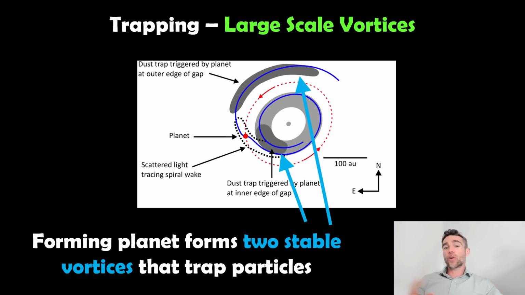You've got these spiral density waves, which are the blue lines, but also these grey regions are large scale vortexes, and they can trap particles. So they actually collect the particles inside their vortex, and then you can again go above the actual barrier.